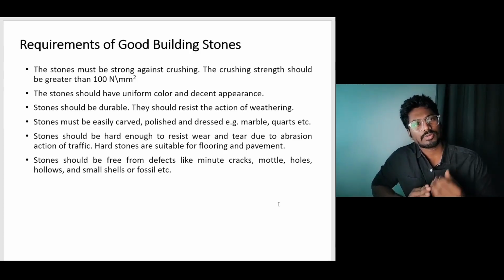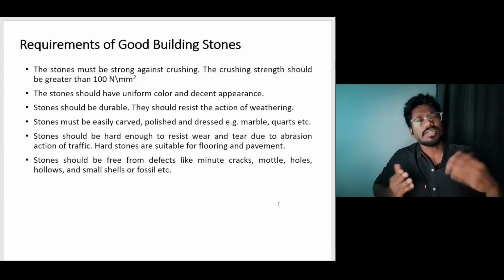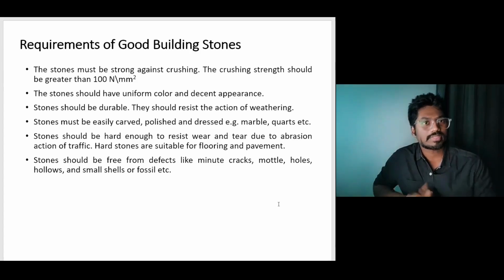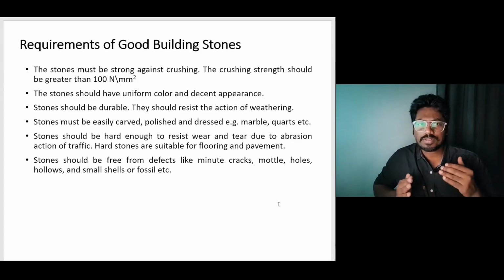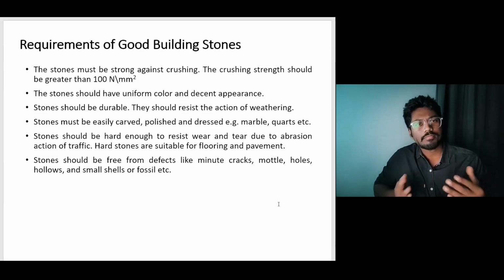The stone should be able to resist more abrasion, and it should be more resistant to wear and tear in terms of any sort of loads or stresses that are being imposed on it. It can be stresses by virtue of traffic. It can be stresses by virtue of construction loads, etc.